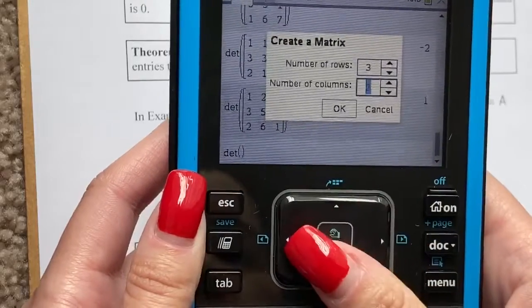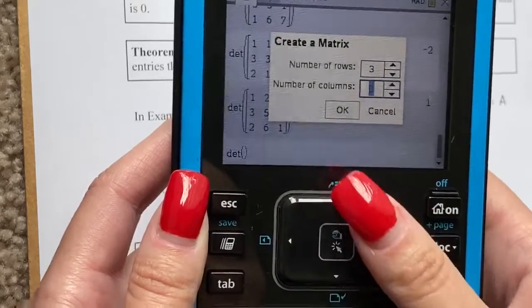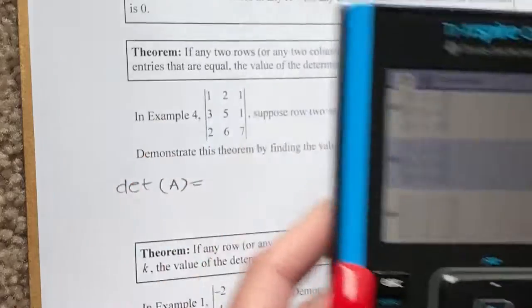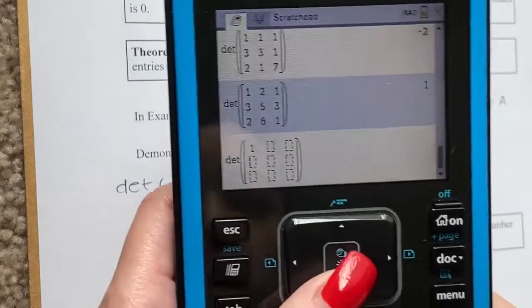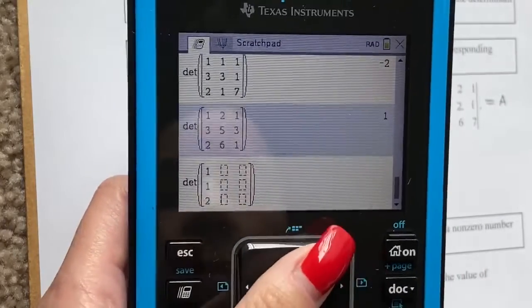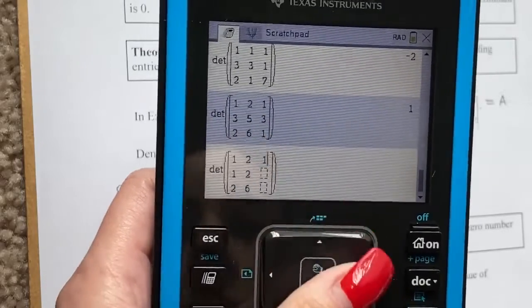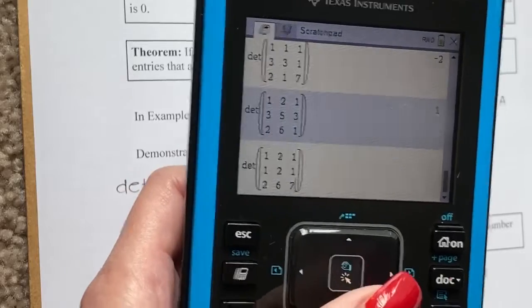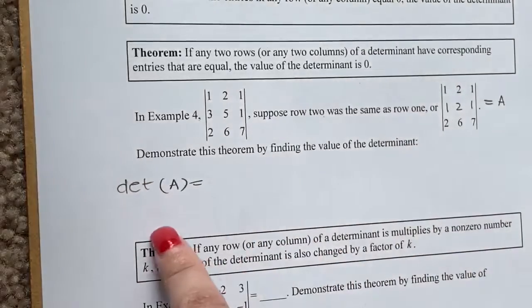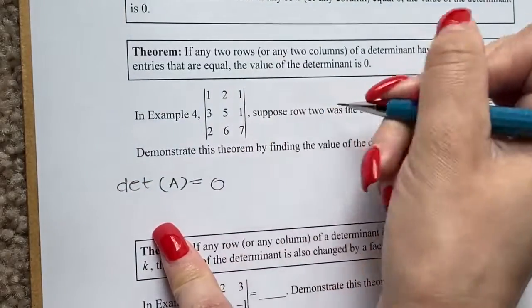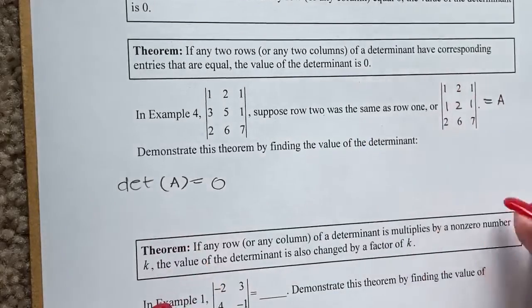You want a 3 by 3 matrix here, and then you have 1, 1, 2, 6, 2, 2, 1, 1, 7, and you find your determinant, which is going to be 0, proving what you already know here, okay?